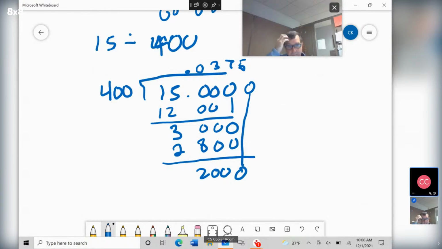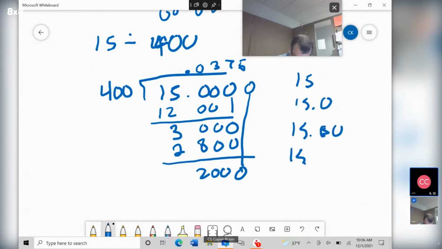Okay. And the zeros, you guys, I started with 3. The one before I did 2. So you can keep putting zeros onto 15. It doesn't change it. Just keep in mind, 15 can be written as 15.0, 15.00, 15.00000. You can put as many zeros as you want to the right of the decimal.